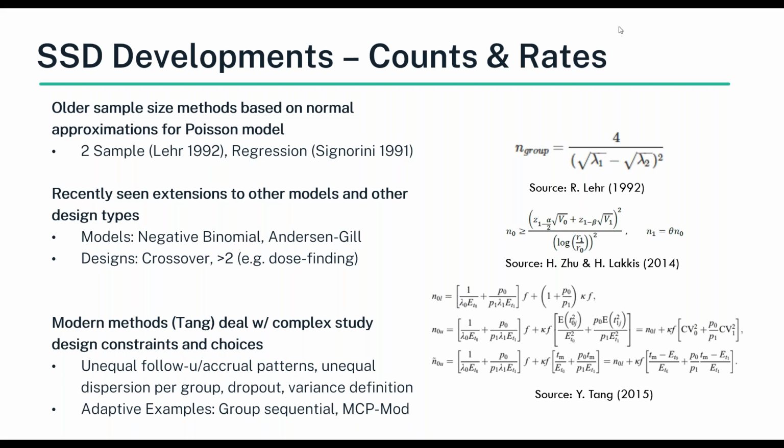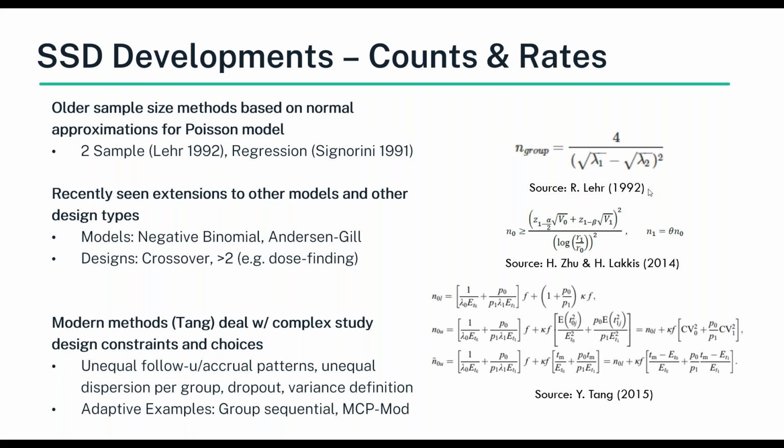So on the right here, we can see examples of some of these models and methods. For example, the 2014 paper of Zhu and Lakis, which extends the negative binomial model, and the paper by Yongqing Tang for negative binomial for non-inferiority and equivalence, in addition to the Anderson-Gill model.